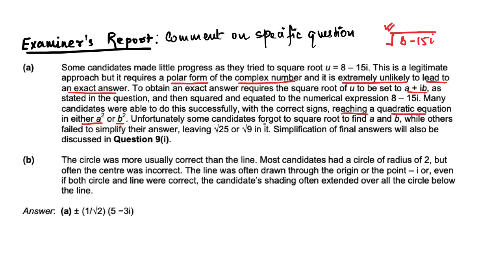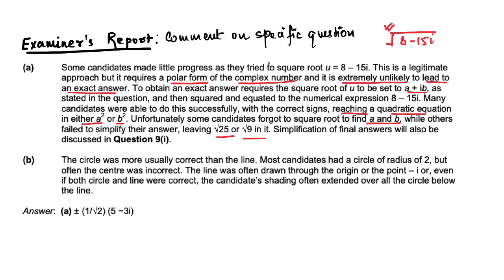Unfortunately, some candidates forgot to square root to find a and b, while others failed to simplify their answer, leaving root 25 and root 9 in it. Simplification of the final answer will also be discussed. So what was the major thing?